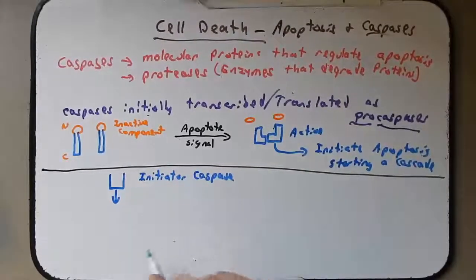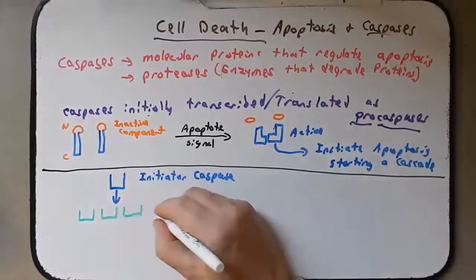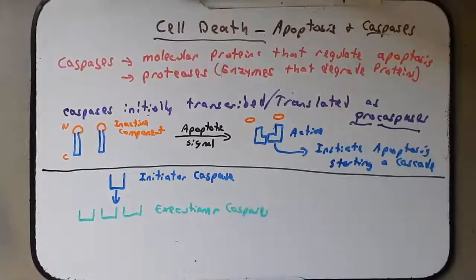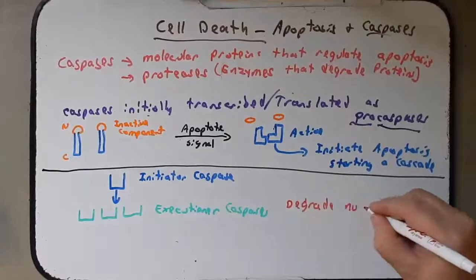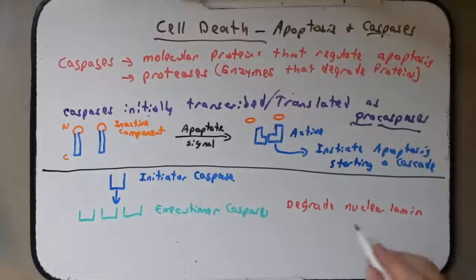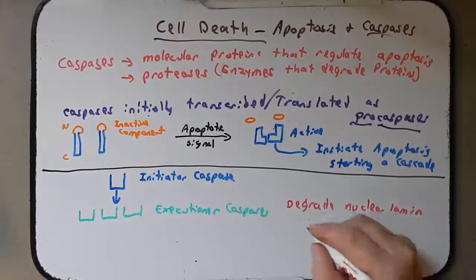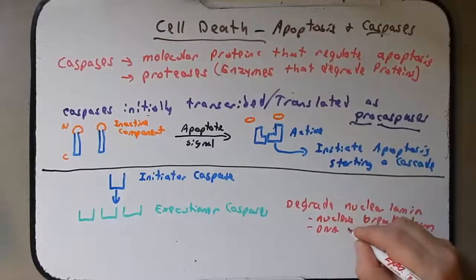Once the initiator caspase is activated, it will activate several executioner caspases. These first ones might begin to degrade the nuclear lamin. Remember, this is the part that holds that nucleus together. So when this begins to degrade, the nucleus breaks down and DNA will fragment.